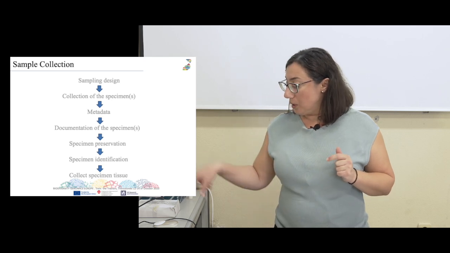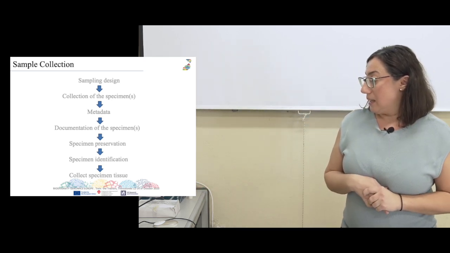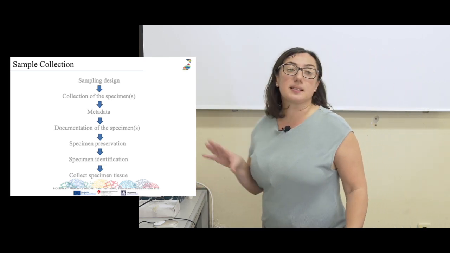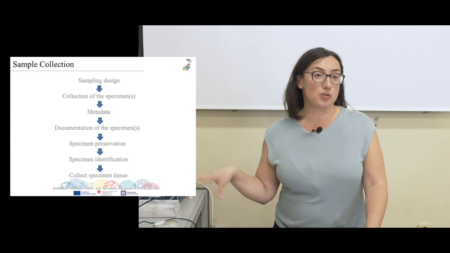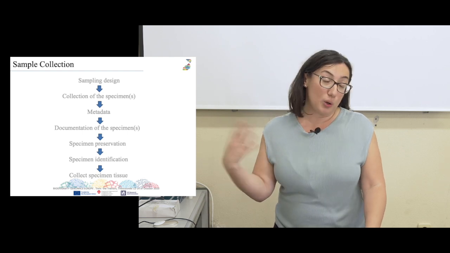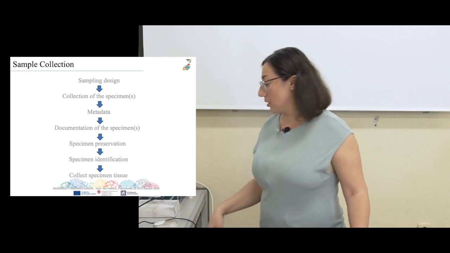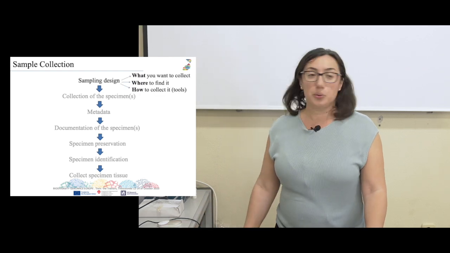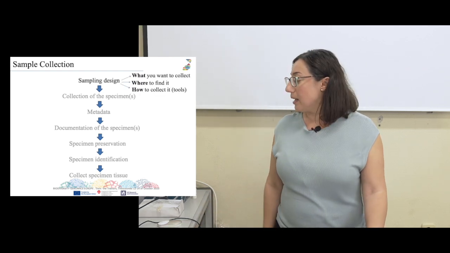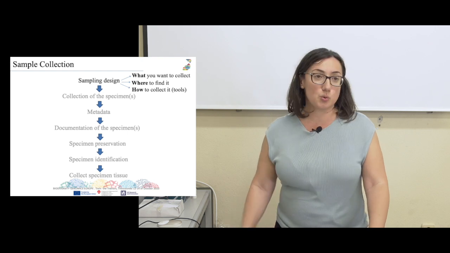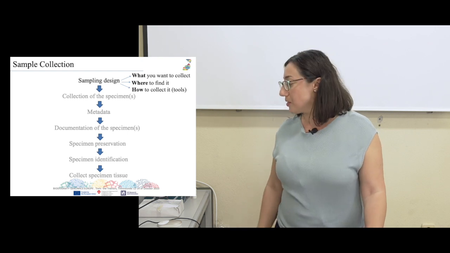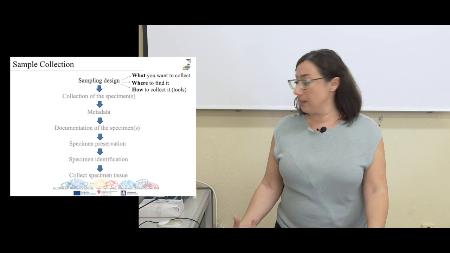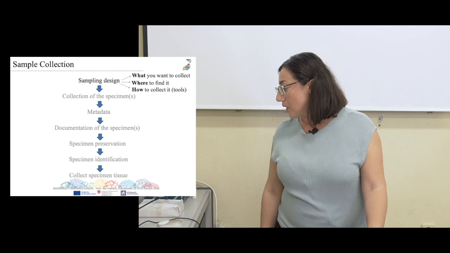I'm just going to present the basic steps you should consider before you go sampling and during your sampling. First of all, you have to design your sampling: what you want to collect, where to find what you want to collect, the species, and how to collect it, the gear that you're going to use.